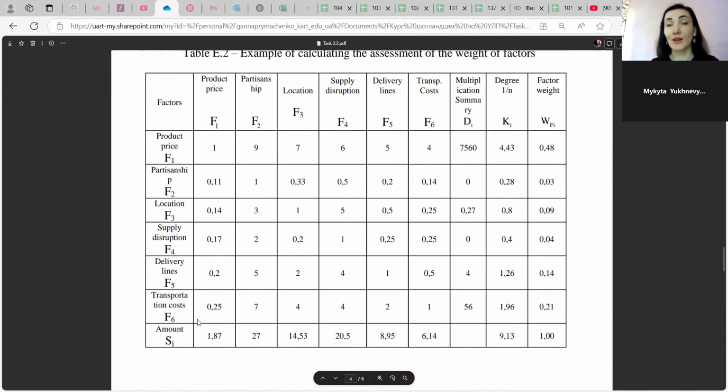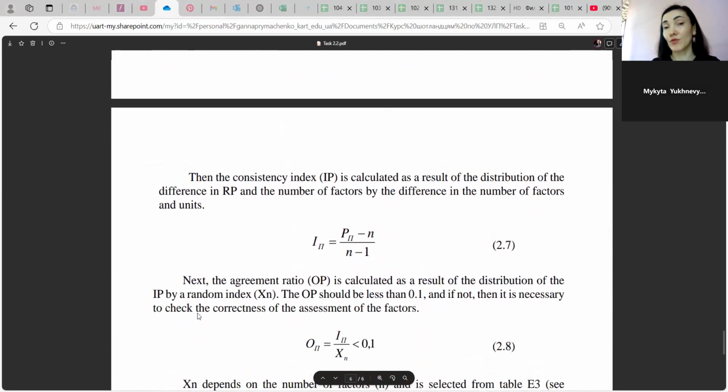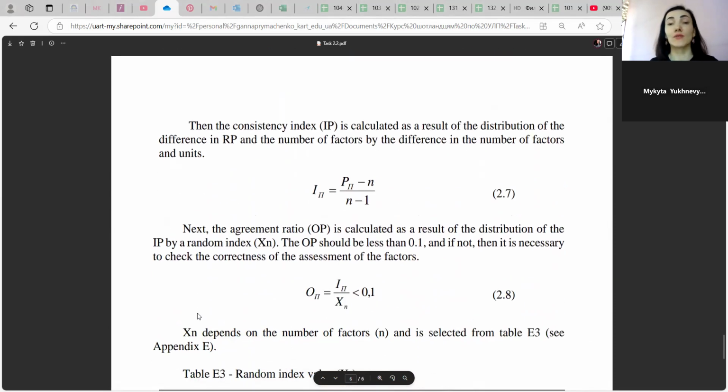It will be our answer, and we check this information with our 3 formulas for checking that we calculated everything, and the result will be O with index P less than 0.1. You could write about it in your answer for this task.